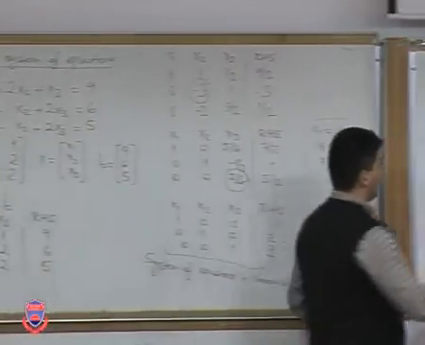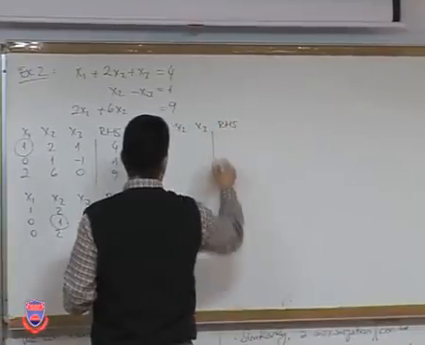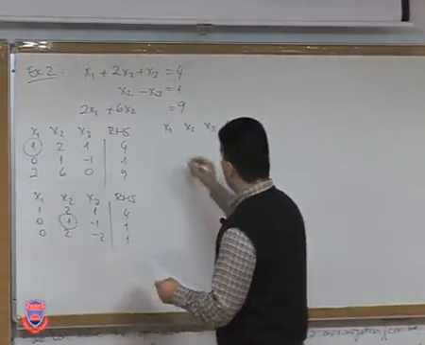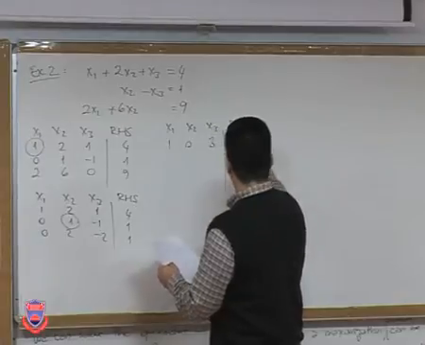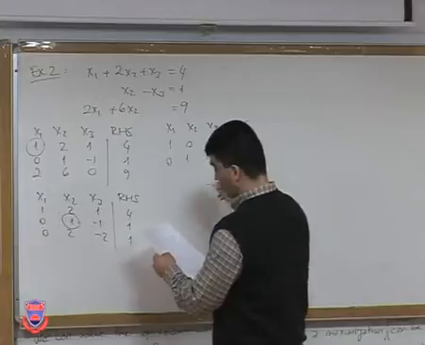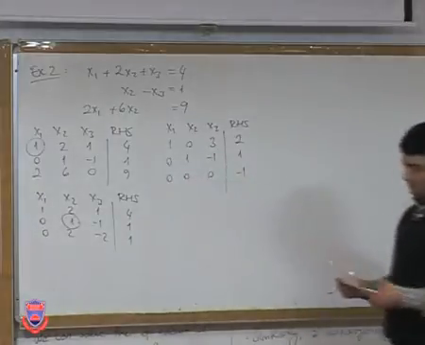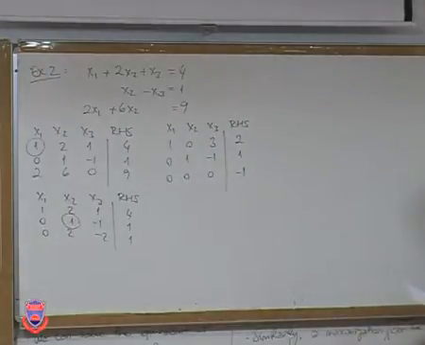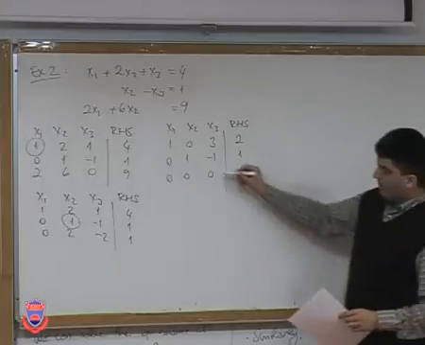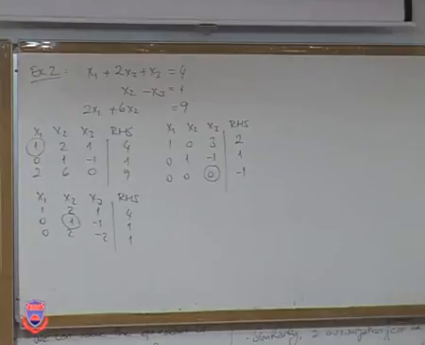And if I do that, I get 1, 0, 3, right-hand side is 2 for the first row. 0, 1, -1, right-hand side is 1. Then 0, 0, 0, right-hand side is -1. Okay? Well, so this is going to be my next pivot, but the problem is that that is equal to 0. Okay, so I cannot actually continue pivoting.